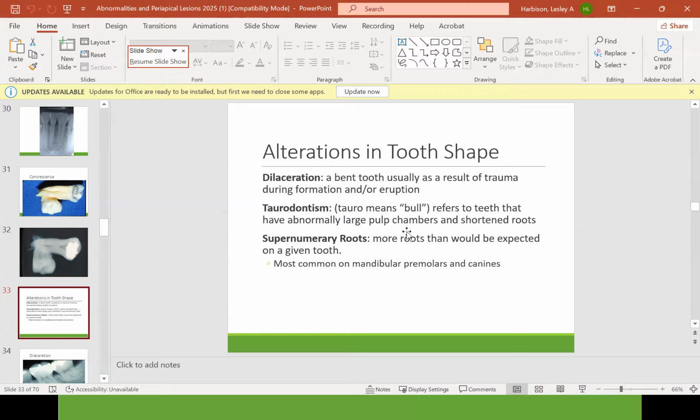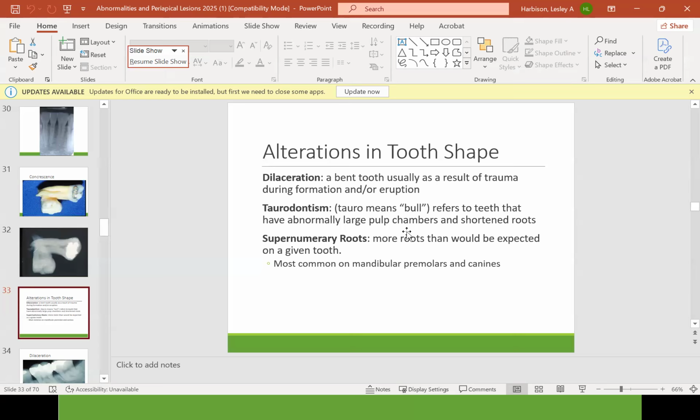Then we have taurodontism. Tauro comes from the word bull, because the pulp chamber has a very strange look, and it almost looks like the horns of a bull on the bottom part of the pulp chamber. We'll look at it in a picture, and that'll help you see it better. It refers to teeth that have abnormally large pulp chambers and shortened roots.